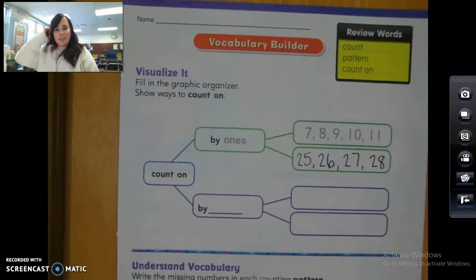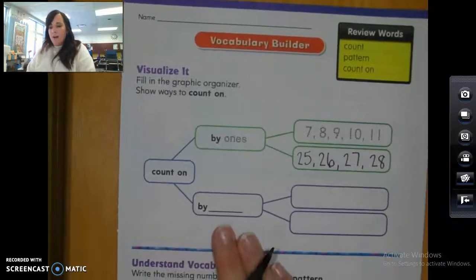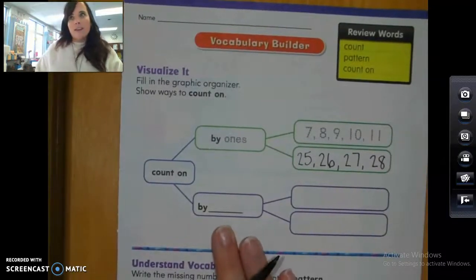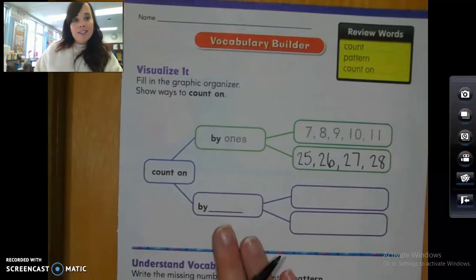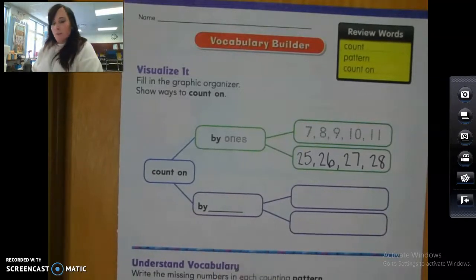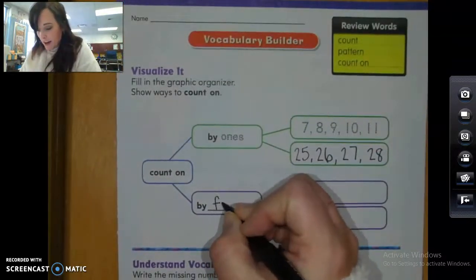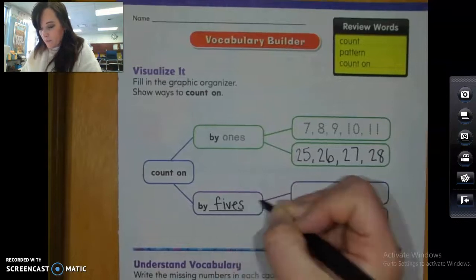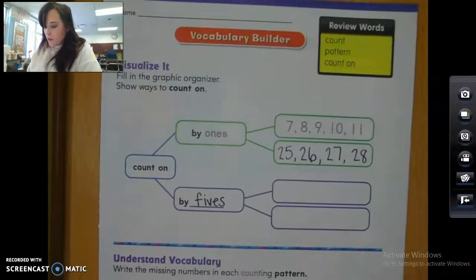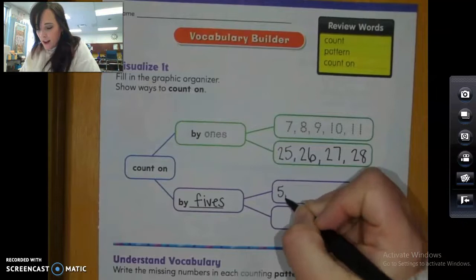All right, we just counted by ones. Now we can count on by 5s or 10s or hundreds. What do you want to count on by? I'm going to count on by 5s. But you can choose something at home if you want to do something different. So I'm going to say 5s. All right, so I'm going to start the first one by 5. So we'll start at 5.